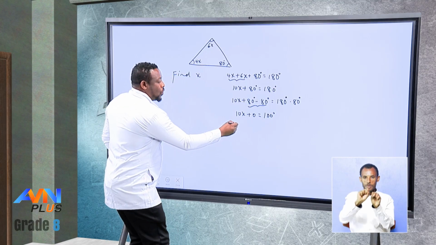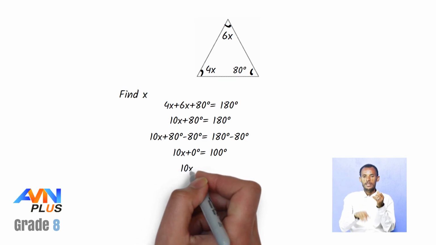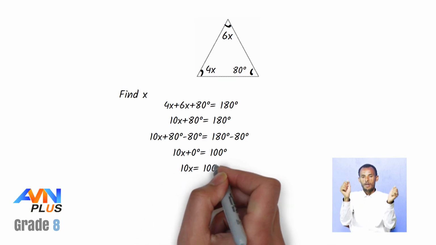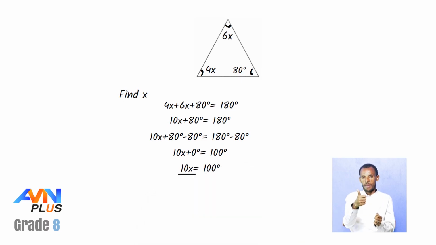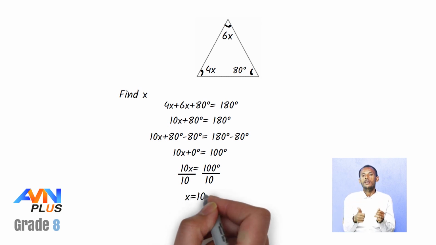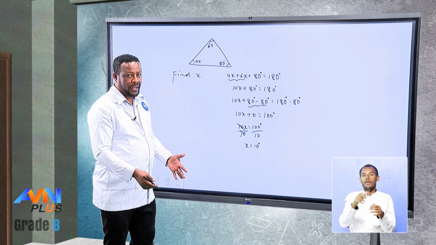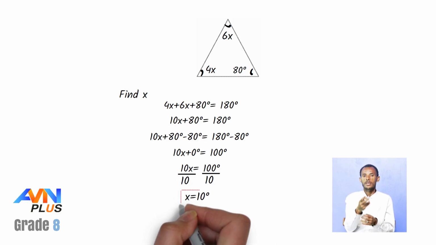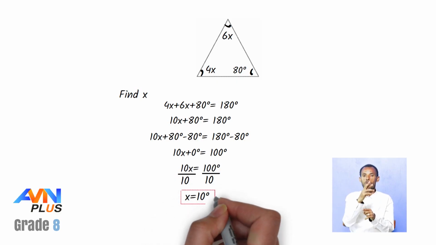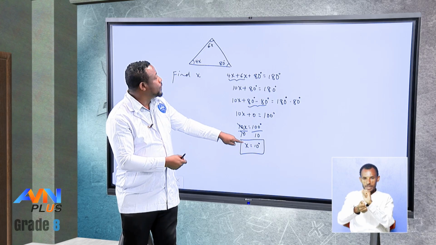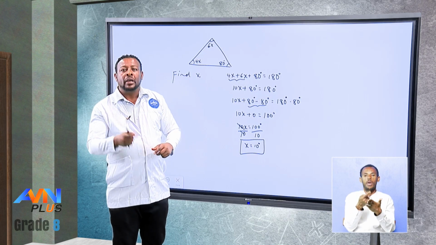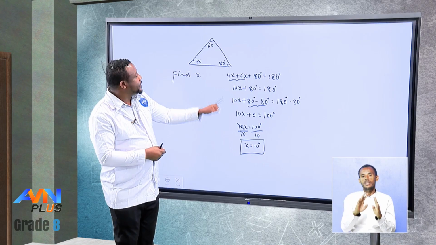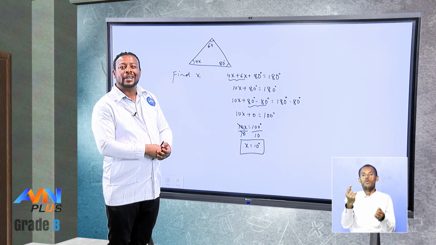So the last step will be dividing both sides by 10. Whenever you divide both sides by 10, the value of x becomes 10 degrees. 100 divided by 10 is 10 degrees. Look, you can check whether your answer is correct or not by substituting the x value here, right? Come on, let's substitute x in each of the angles.